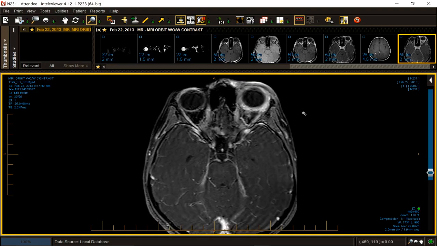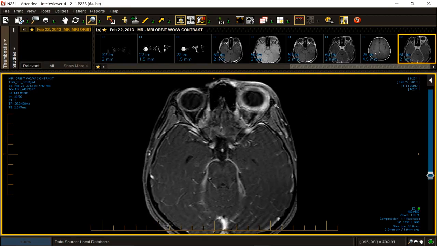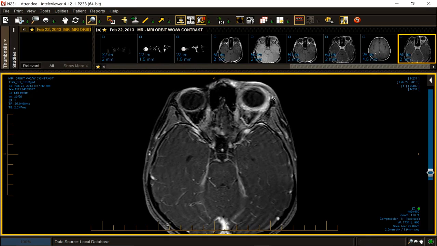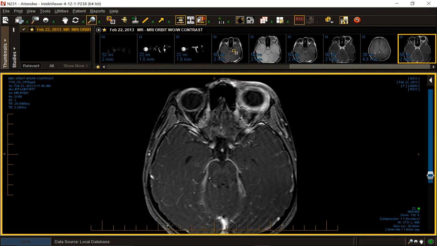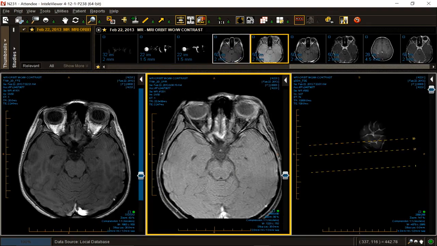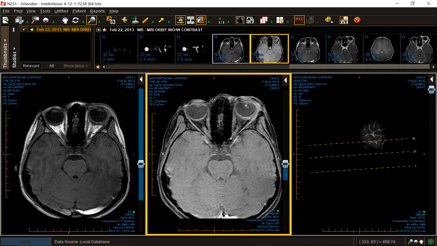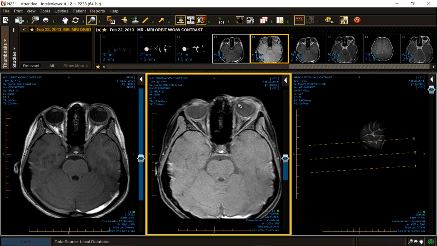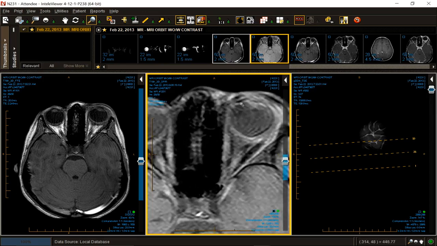And while you're doing that, I might point out a few myself. There's preseptal swelling. See if we can find the septum. Might be a little tough with all this swelling. This might be the medial septum right here.